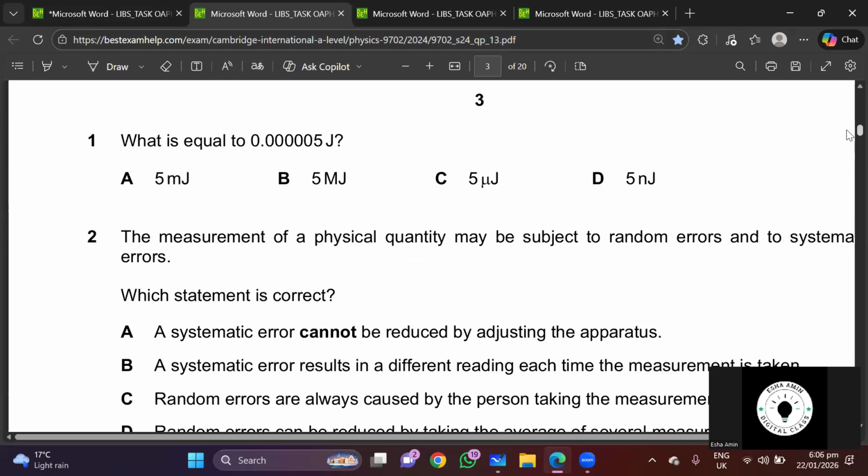Okay. So they are asking you what is equal to 0.00005 joules. Okay. So how many zeros are there? So if there is a decimal here, we have to shift this decimal to after the first non-zero digit.